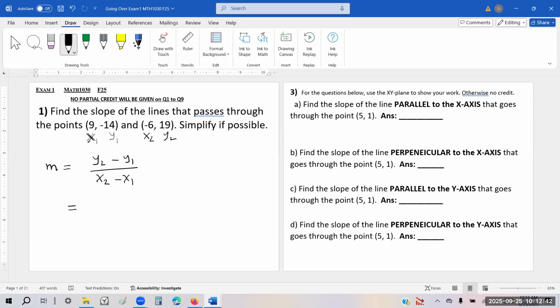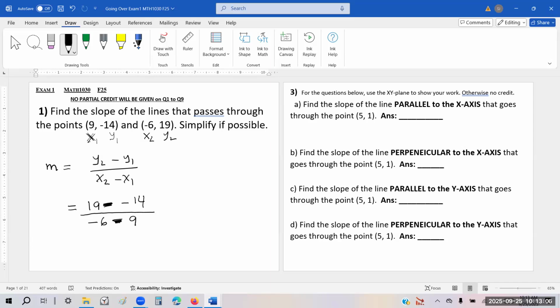So y2 is 19. And you're subtracting y1, but your y1 already has a negative sign. So it's not only minus 14, it's minus negative 14. So you have a double negative here. And then you have x2, which is negative 6, and you're subtracting 9.